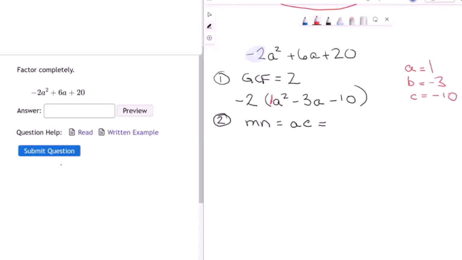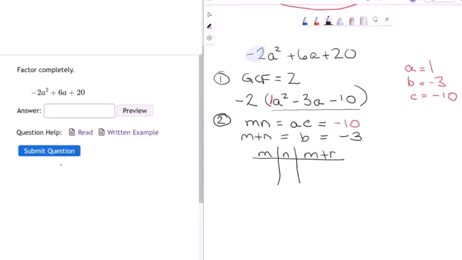a times c, -10. m plus n equals b equals -3. Notice I'm only worrying about this one. I'm not worrying about the original because I already factored out that -2. If I make a table, I have m, n, m plus n, and I want 2 numbers that multiply together to give me -10. Start with 1 and 10, 2 and 5. 10 is not divisible by 3. 10 is not divisible by 4. 10 is divisible by 5, but I already have my 5.